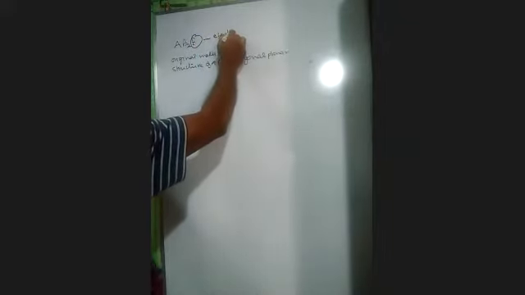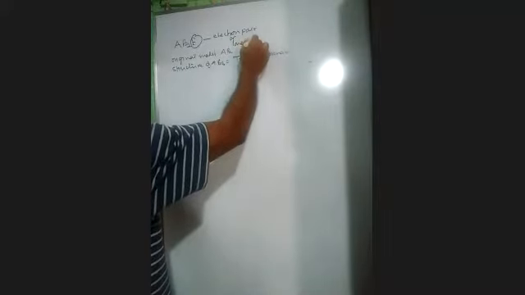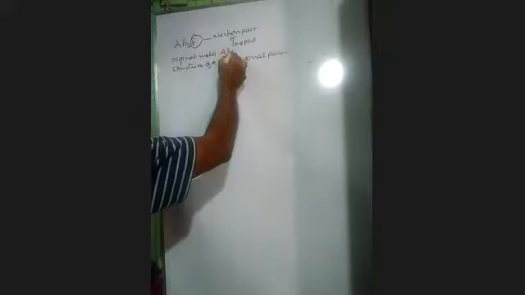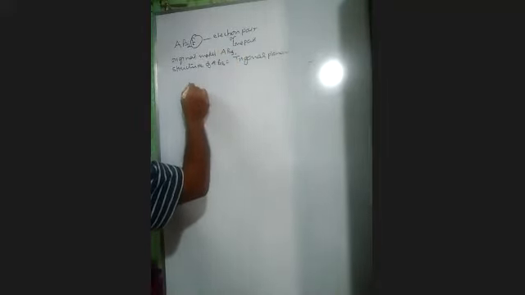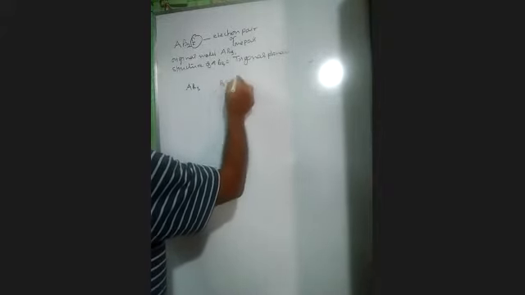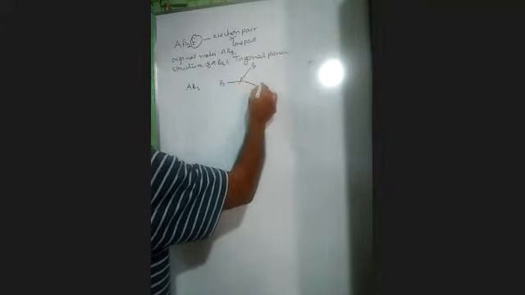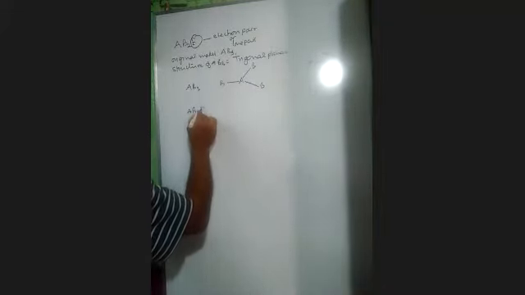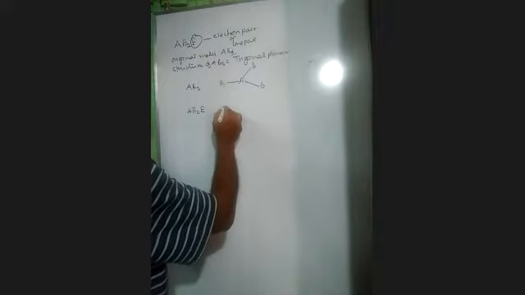This is what is called electron pair in your book; in many books they write L, or lone pair. So what will be the AB2E? See, AB3 is A, B, B, B. So when one of the B is missing and replaced with an electron pair, I'll put E here.